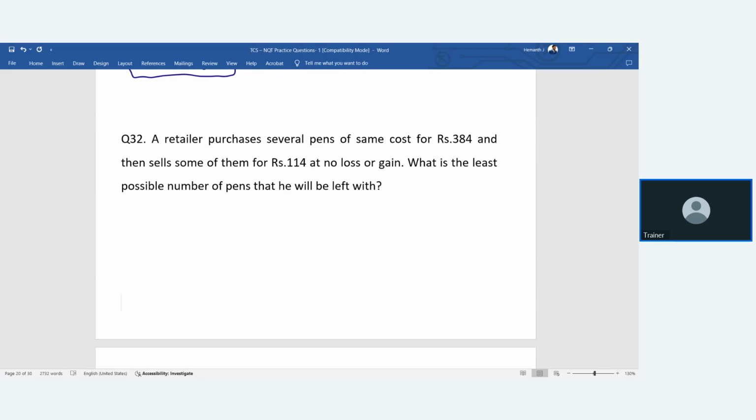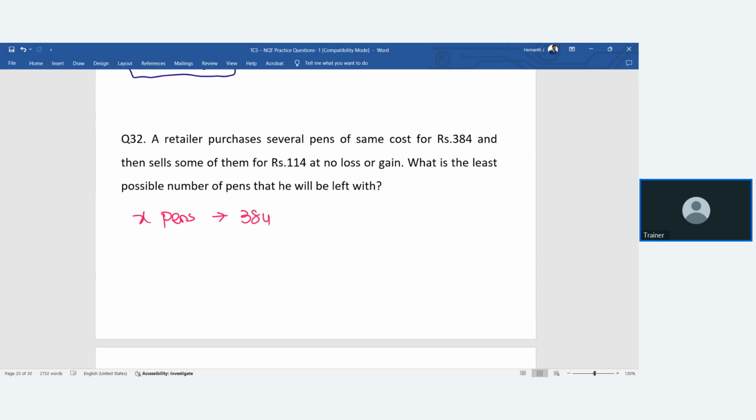What is the least possible number of pens he will be left with? Several pens of same cost for rupees 384. So each one's cost is the same. He purchased for 384 rupees.